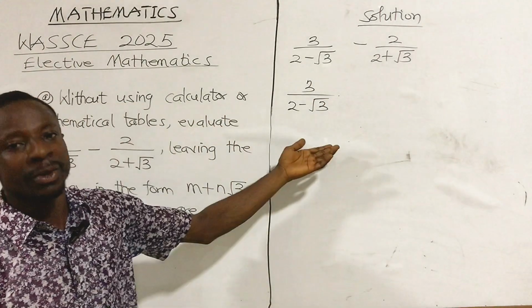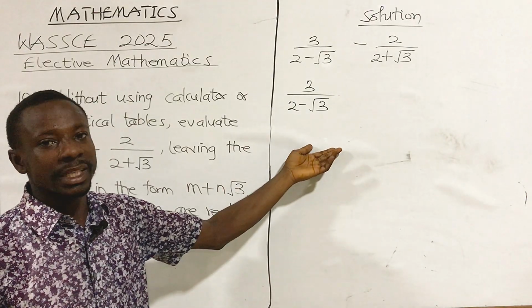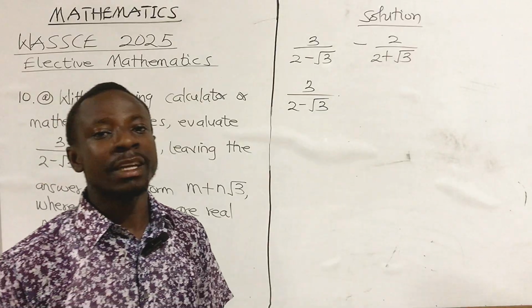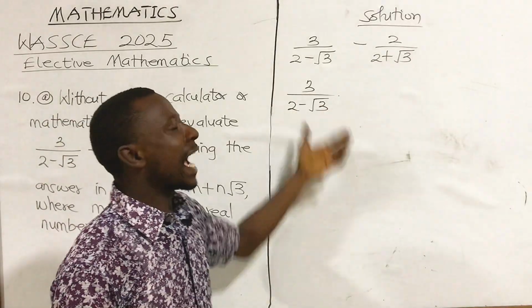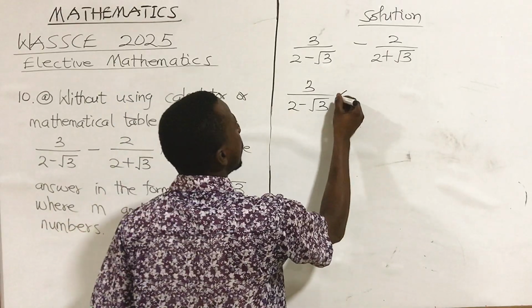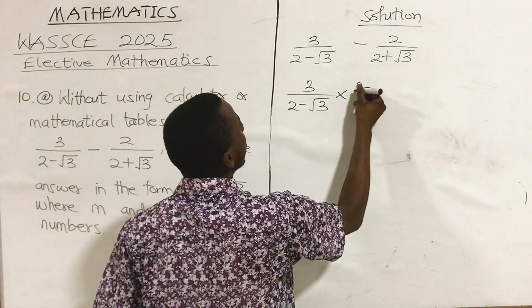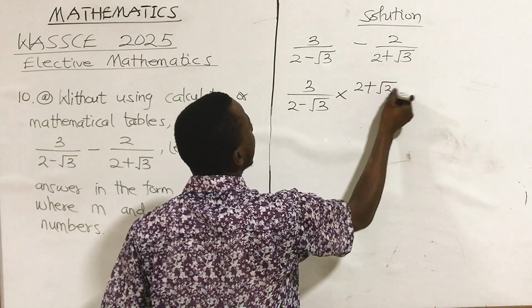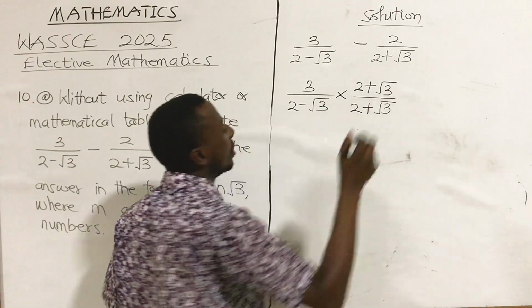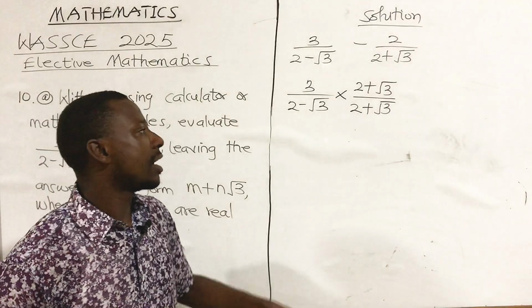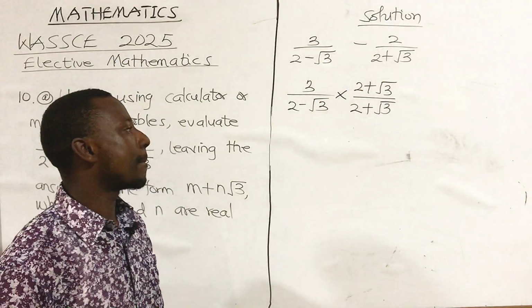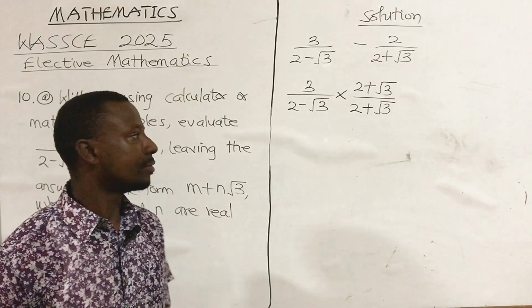Then I will just evaluate this without using a calculator or tables. Because the denominator is in the form of a surd, I need to rationalize. In rationalizing, I will multiply both the numerator and the denominator by 2 plus root 3.